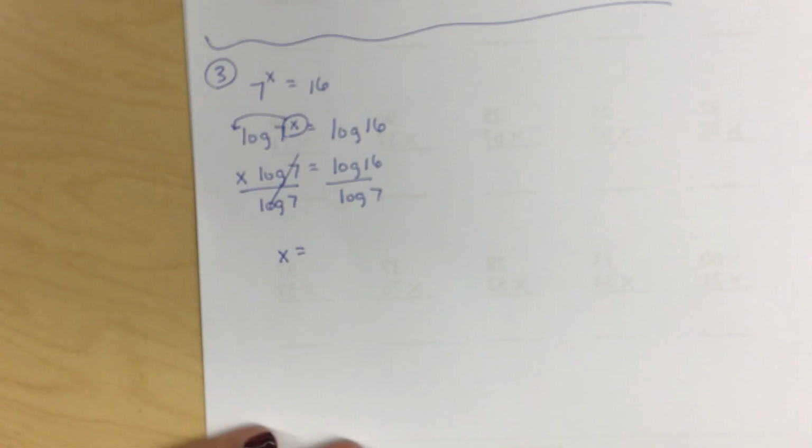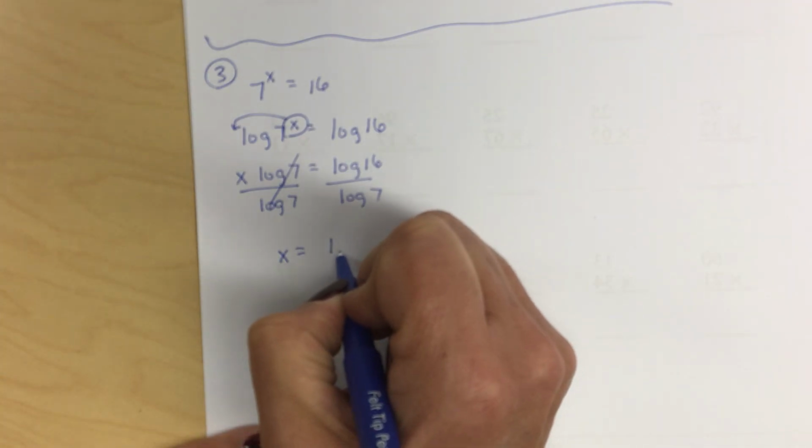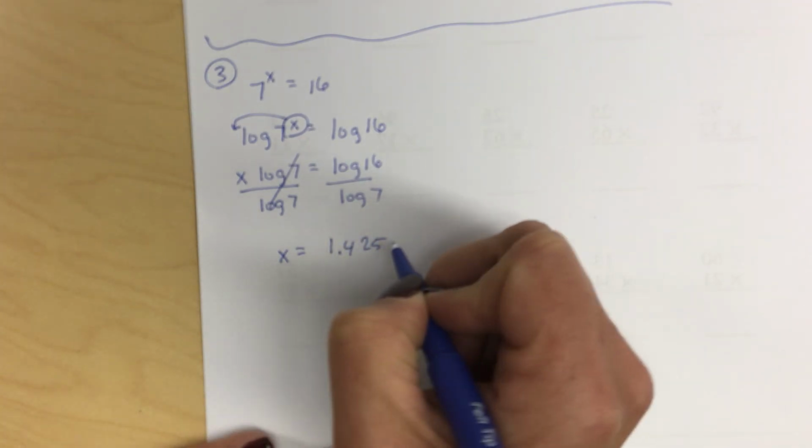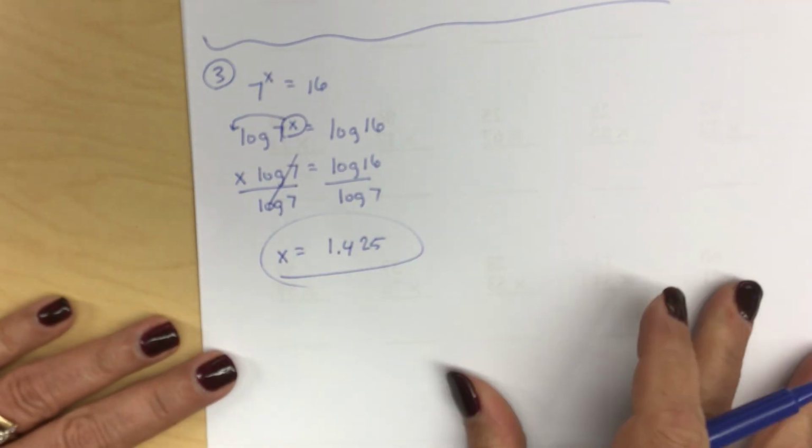So log of 16 is 1.204 divided by the log of 7, and that's an answer of 1.425. We're usually going to round these to 3 decimal places because the decimals make such a difference when we're working with these numbers.